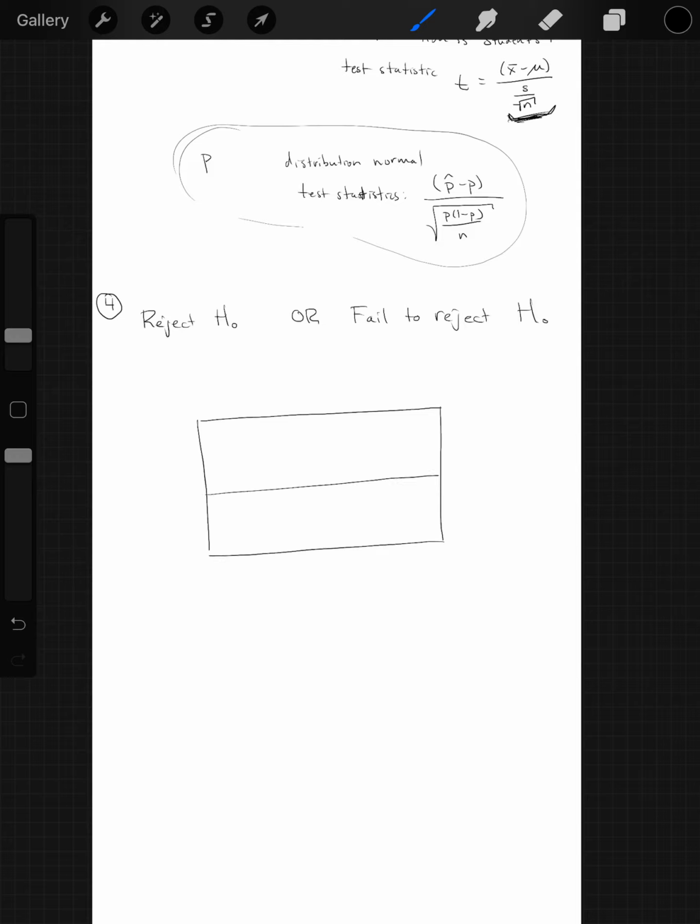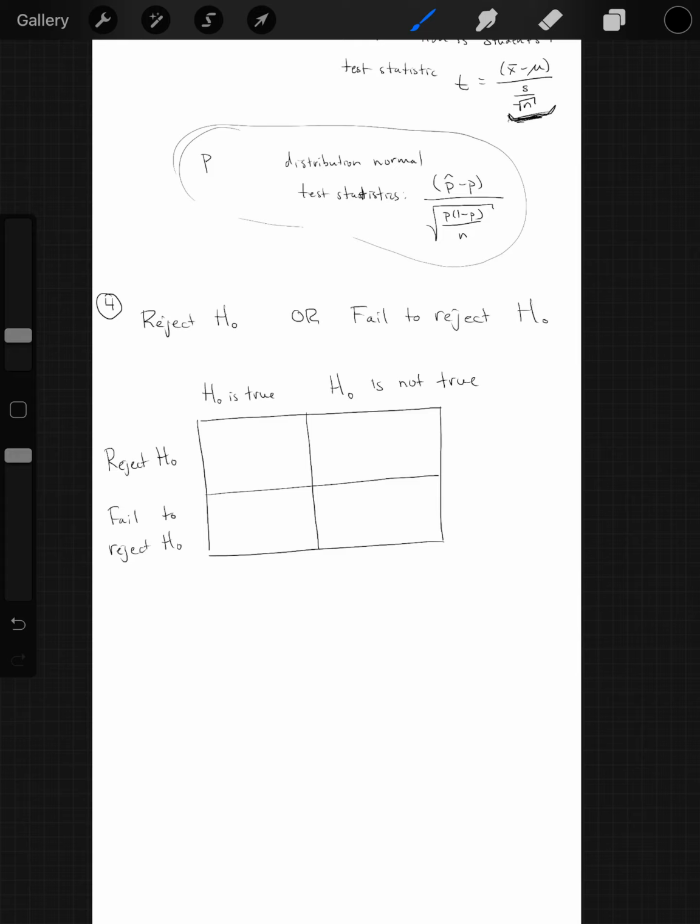So we can reject H naught, we can fail to reject H naught, and we won't know this because the reason we're doing statistics is we can't know this. But if we're considering all the possibilities in the world, there's two possibilities: either H naught is true or H naught is not true.